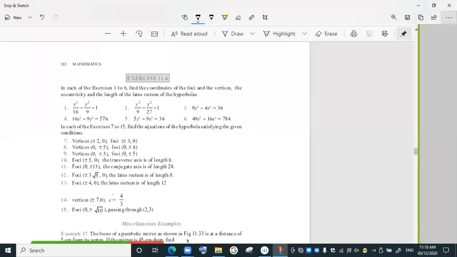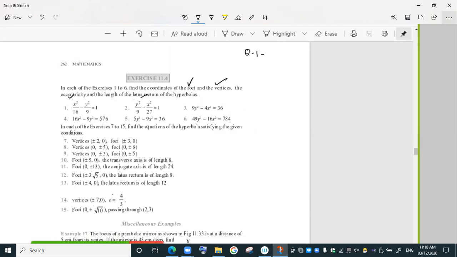So exercise 11.4 is on hyperbolas. Find the coordinates of the foci, vertices, eccentricity, and length of latus rectum of the hyperbolas. So now we will take question number 1.